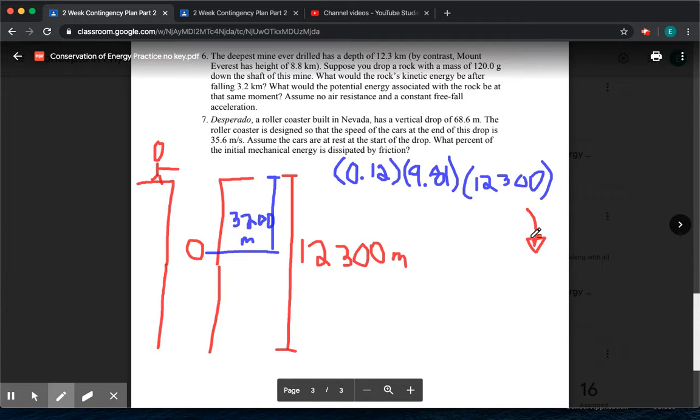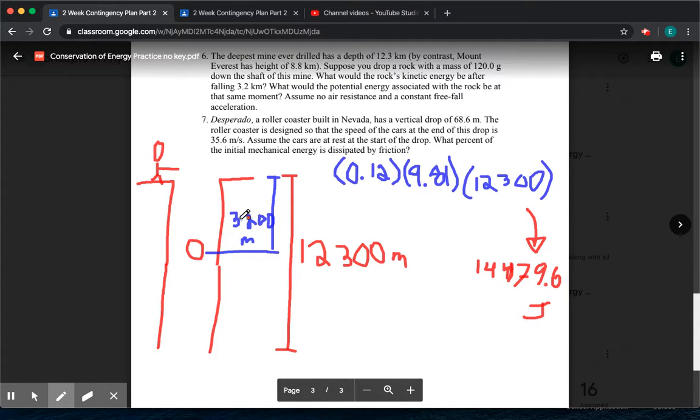So 0.12 times 9.81 times 12,300 is 14479.6 joules. Okay, joules. So this is how much potential energy is in the system, period.